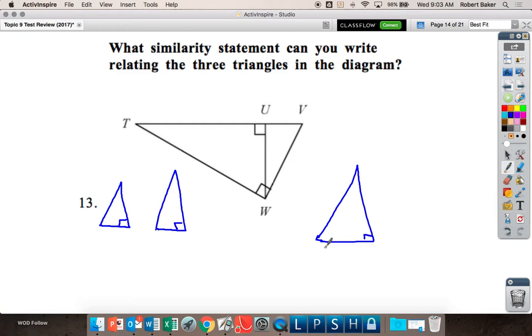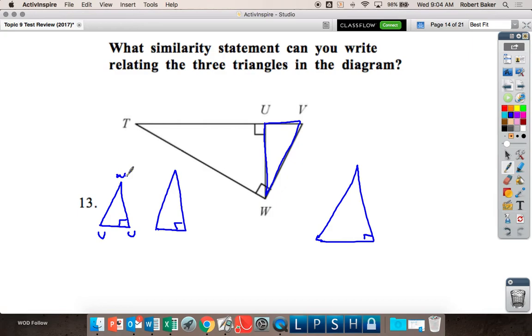Look at my first little baby right triangle right here. If you can't describe that by a length, you can describe that by its vertices, or where each one is. So which one's next to the right angle? What letter? U. So this makes this letter, and this makes this letter.